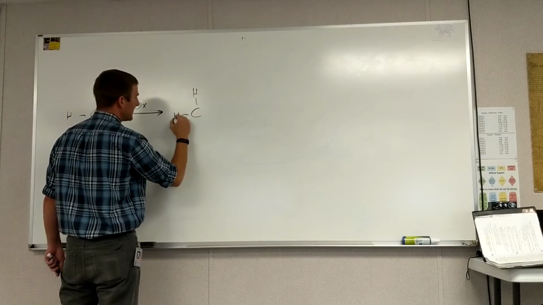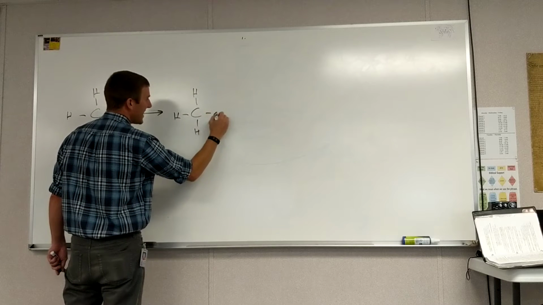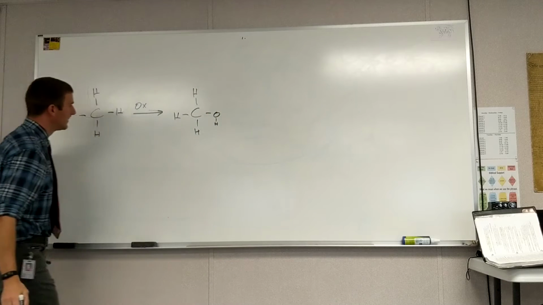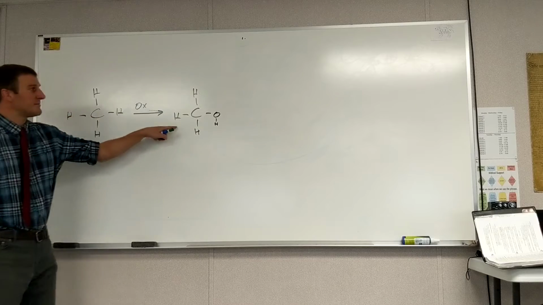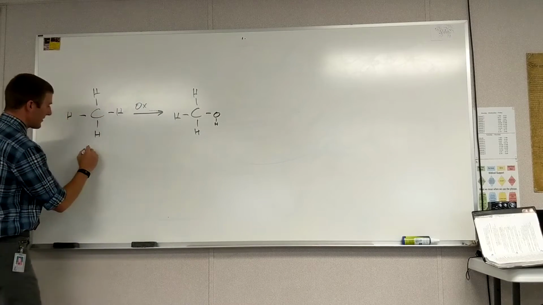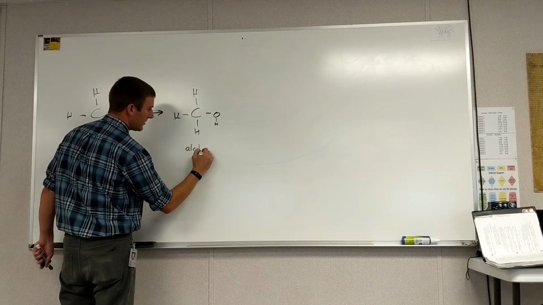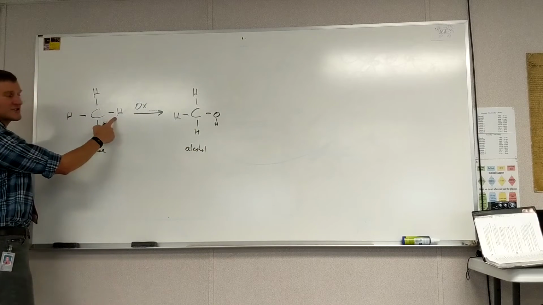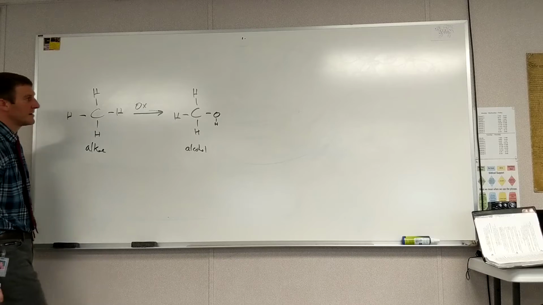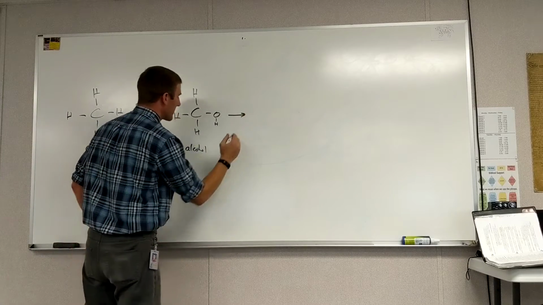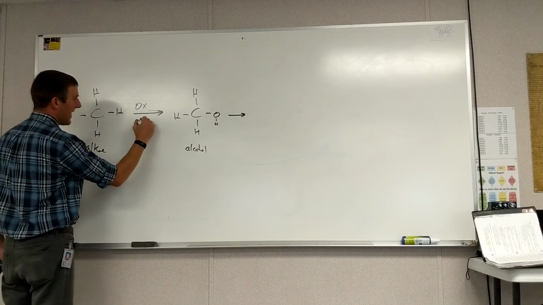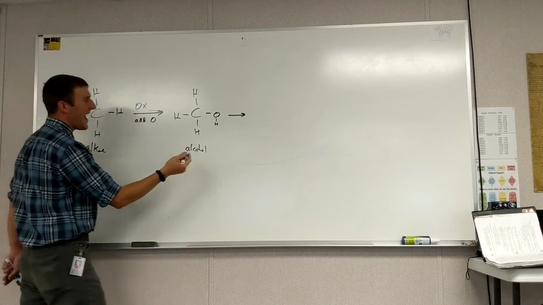Well, the next least oxidized situation for my methane is methanol. So I'm going from an alkane to an alcohol. Notice I added a single oxygen, but I kept all my protons. So what can I do next? Well, here I added oxygen. Add O. Now what am I going to do?